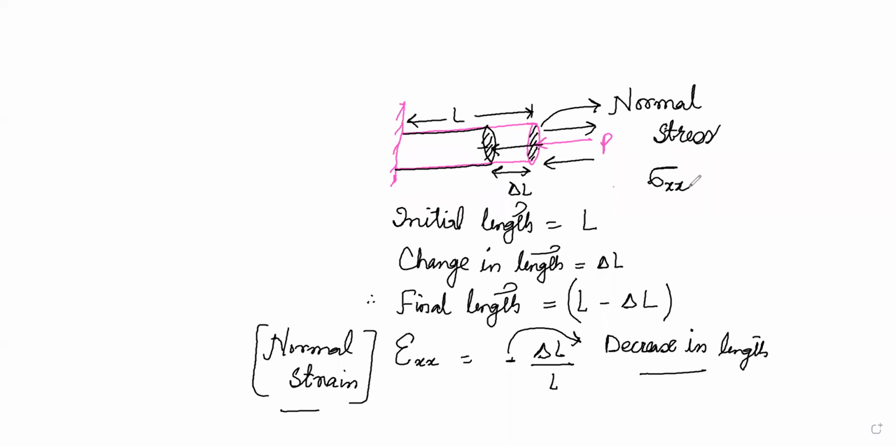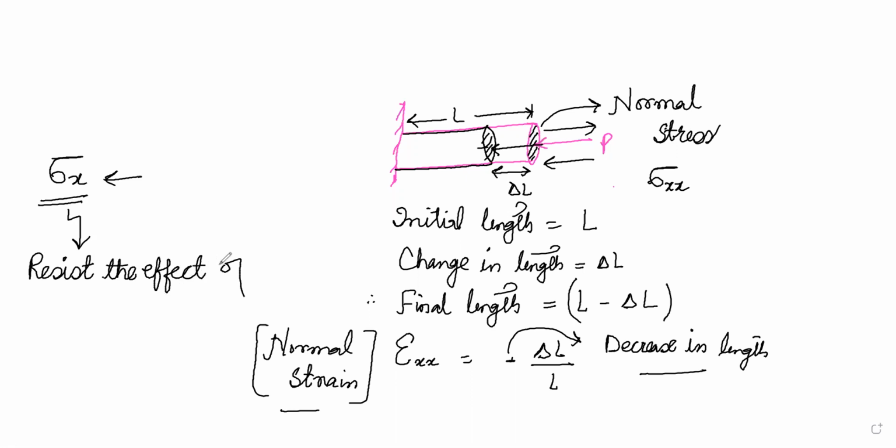Now this normal stress, let me call it sigma x, is created inside the machine element, and it tries to resist the effect of the external deforming load P. The external load P is trying to deform the machine element.